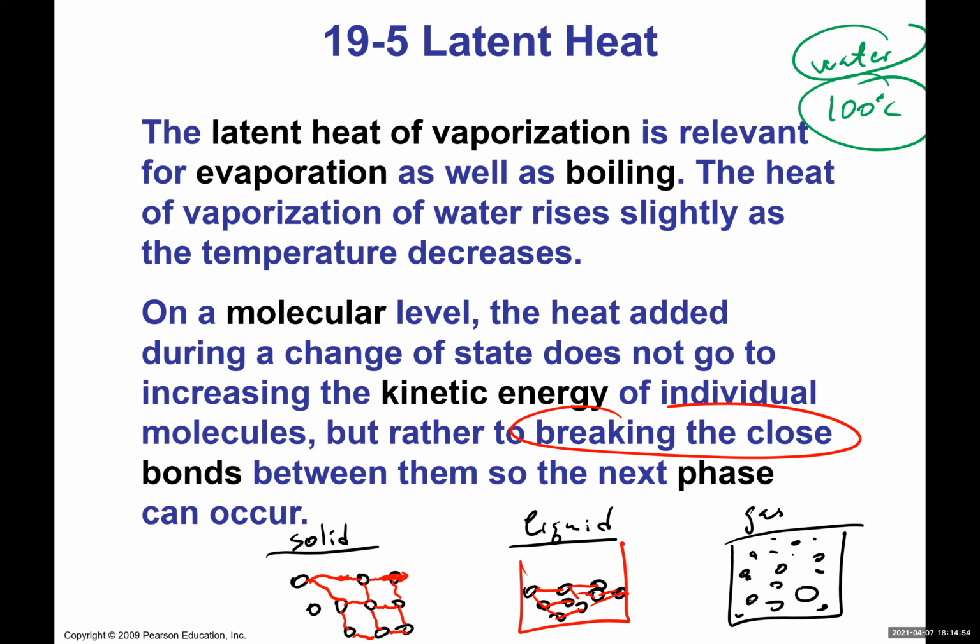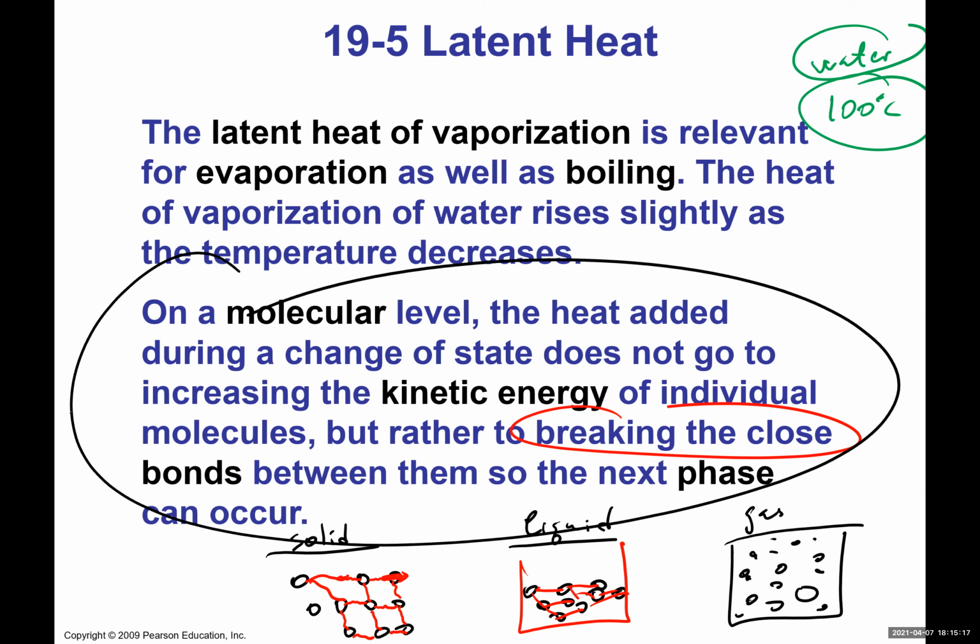That's because all that added energy allows them to break those bonds. So the faster they're moving, the easier it is for them to break bonds. And when I remove energy, they move slower. Then when they collide, they can actually stick together and generate those molecular bonds between them. All right, so that's what happens at the molecular level.